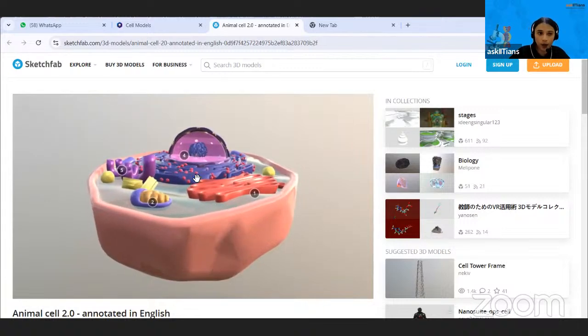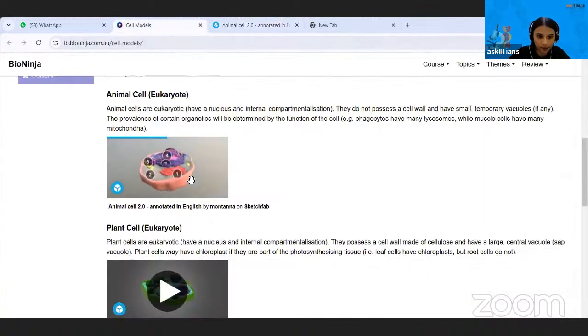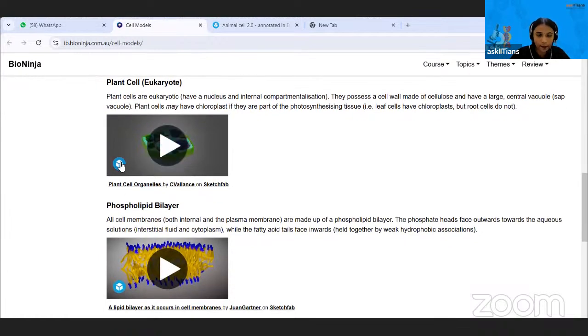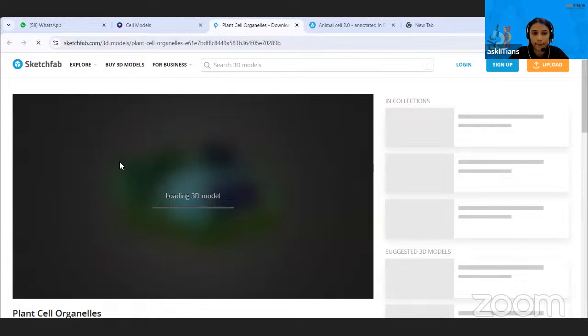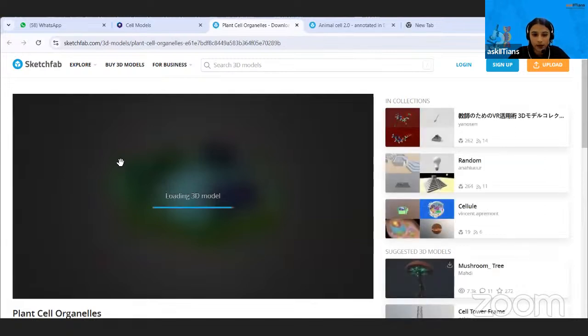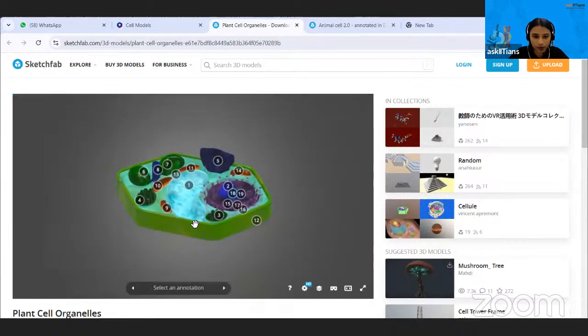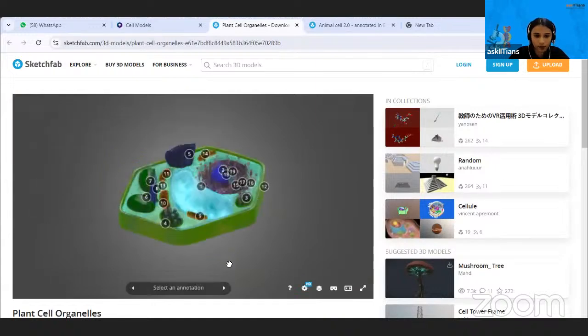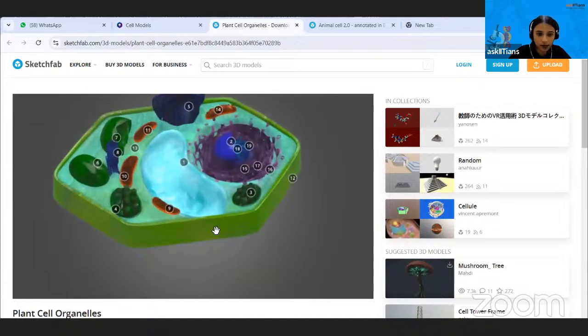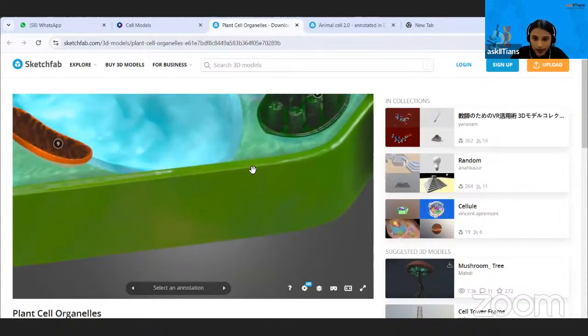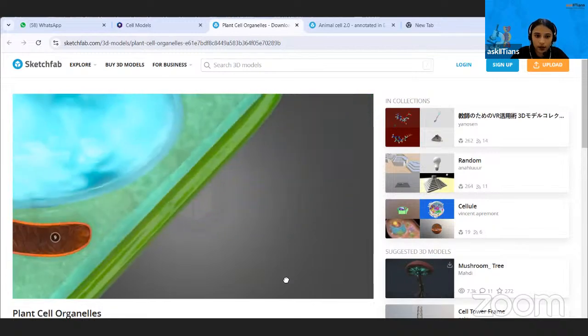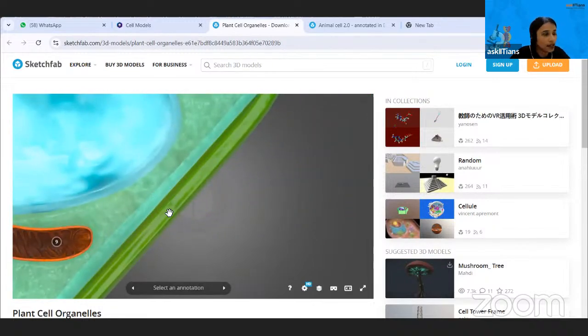But if I talk about the plant cell, here you can see this dark green is your cell wall, and this light green is your cell membrane.